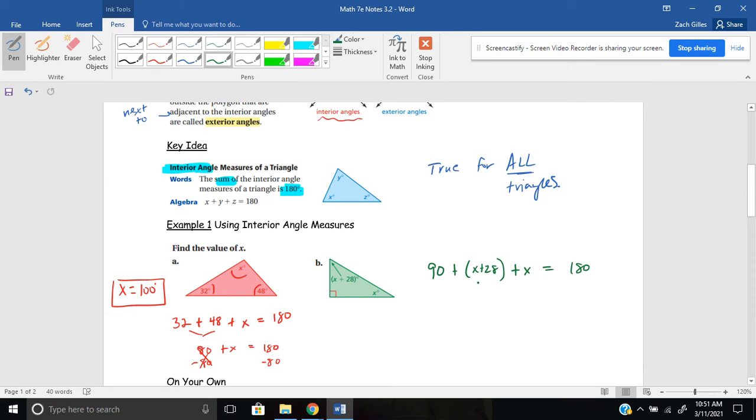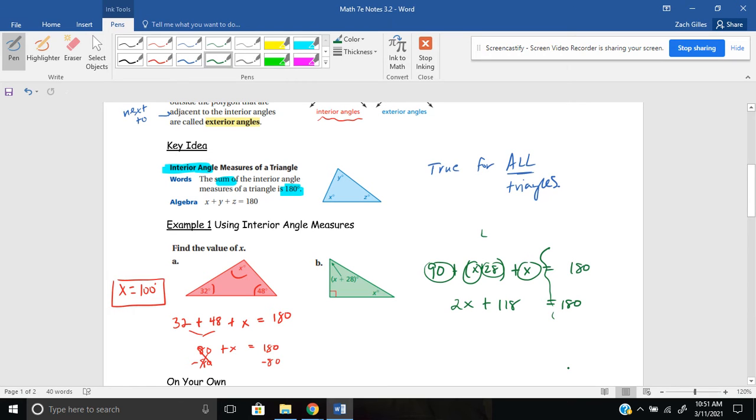All right, let's simplify. I've got a couple of like terms on the left-hand side of my equation. Like terms that I can add, x and x. X plus x is 2x. Plus, I also have 90 plus 28, which would give me 118 equals 180 degrees.